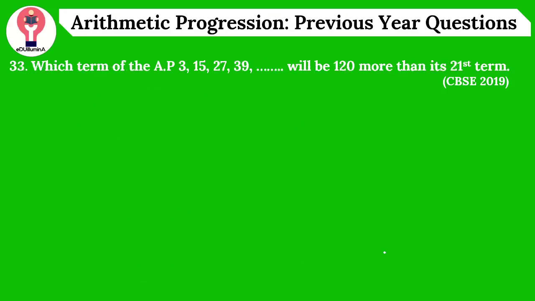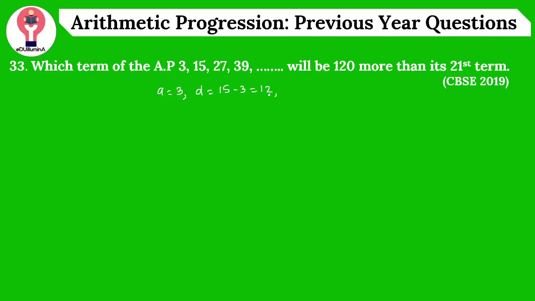And the next question is, which term of the AP 3, 15, 27, 39 will be 120 more than its 21st term? So here first term is 3, common difference 15 minus 3 equals to 12.